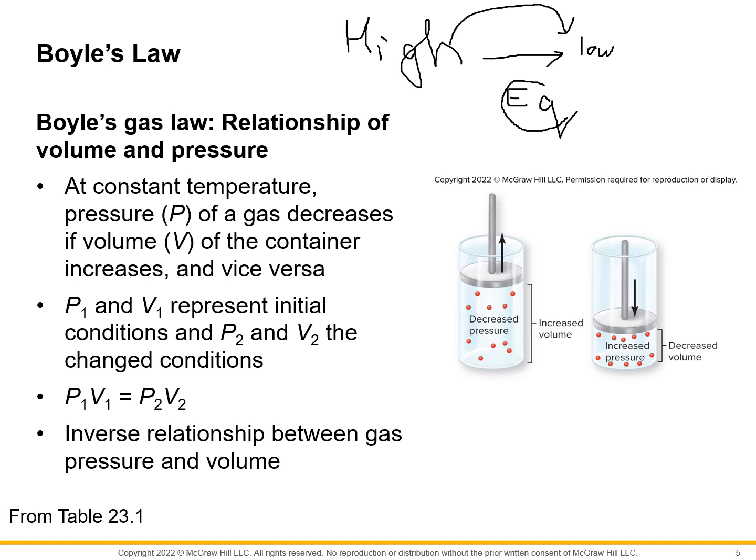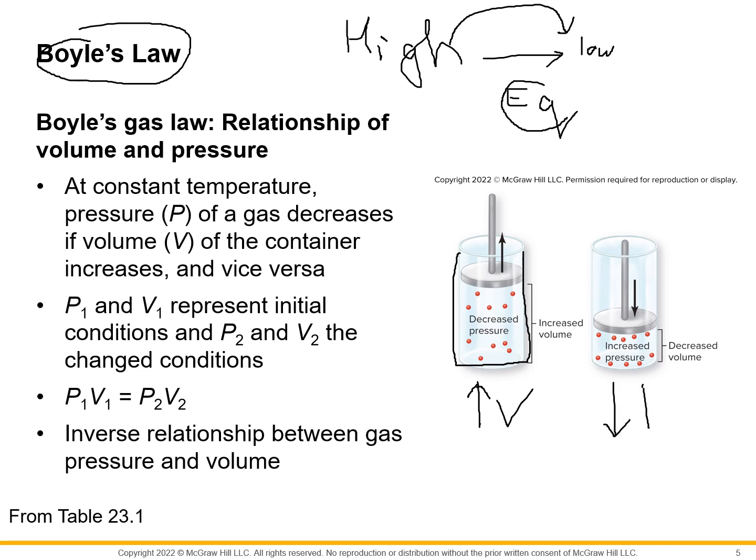And Boyle's Law, in lay terms, says that if you have gas in a container of a certain volume, if you increase the volume of the container, you decrease the pressure. So if the container volume increases, the pressure of the gas inside it decreases.